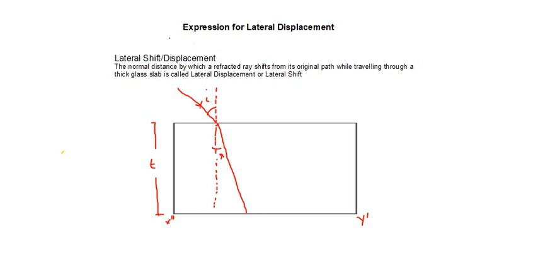It will again undergo refraction. Now, as these two interfaces are parallel, the angle of incidence I and this angle will be the same. So, it will come out parallel to the original path. Where is the original path? This is the original path.